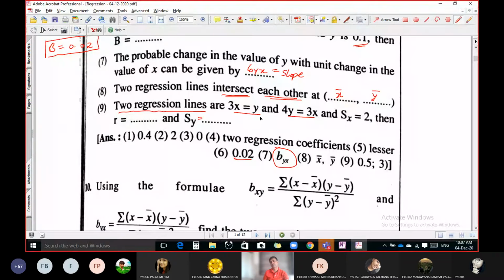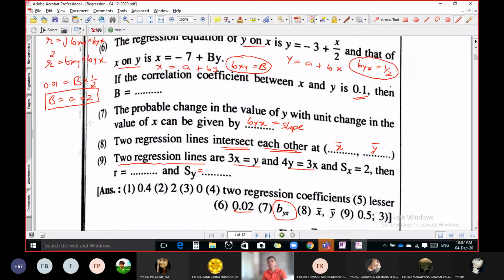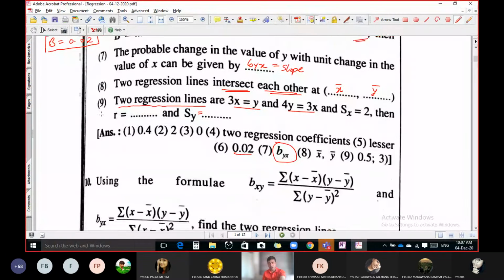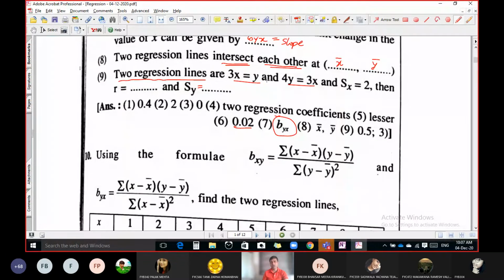See, in the previous question, in question number 6, we had two regression lines, but it was clearly mentioned that the first one is y on x and the second one is x on y. Here we don't know which one is x on y and which one is y on x. No doubt, one is x on y and the other one is y on x, but it is not clearly mentioned which is which. So how to solve this question? Any of you have any idea?